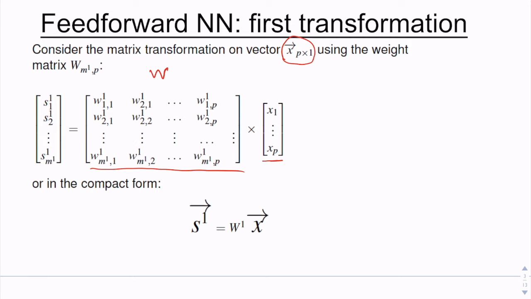There are some notations because I wanted to keep the generality, and also if you want to extend it for more complicated models. In here, W has a subscript which shows the number of rows and columns. The number of columns is equal to the number of features, and the number of rows equals the number of dimensions of the transformed space.